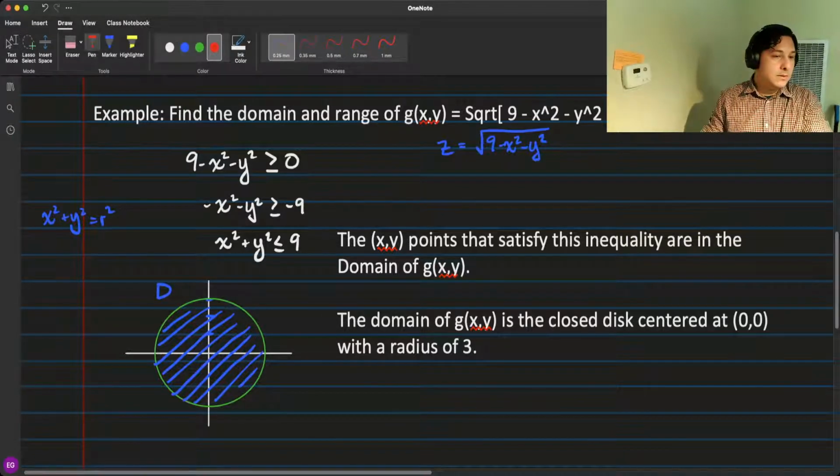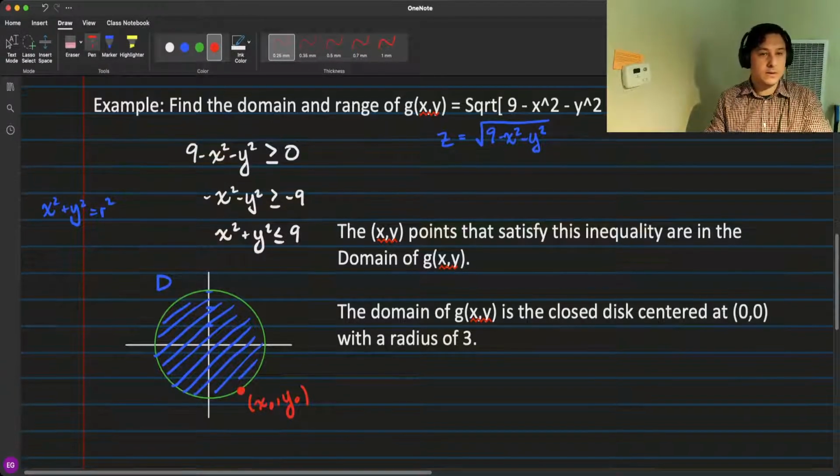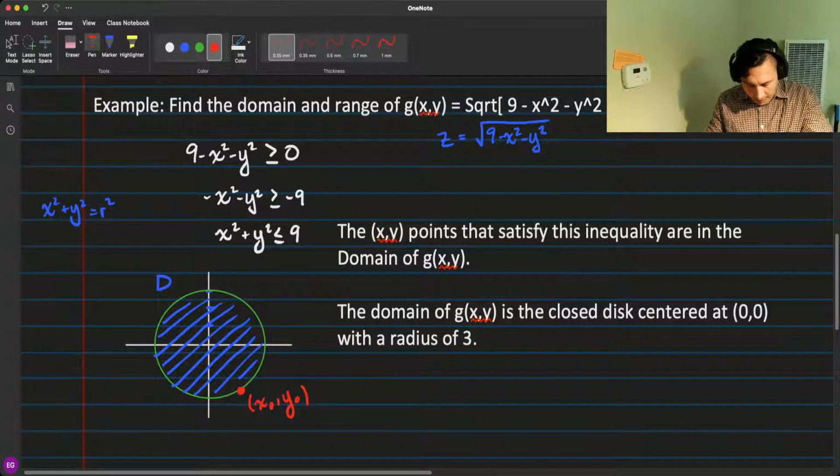So let's look at a point right here. Let's call this point x naught, y naught. What can we say about this point, given where I've drawn it, on the edge of the disk?